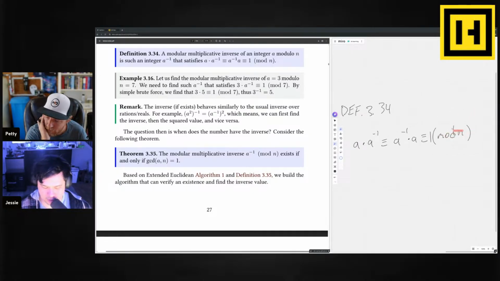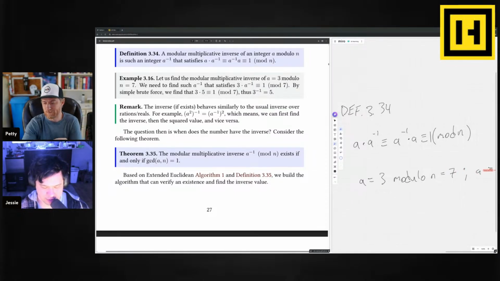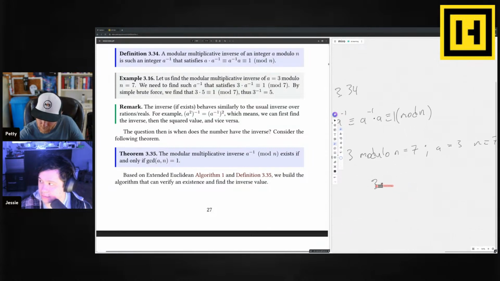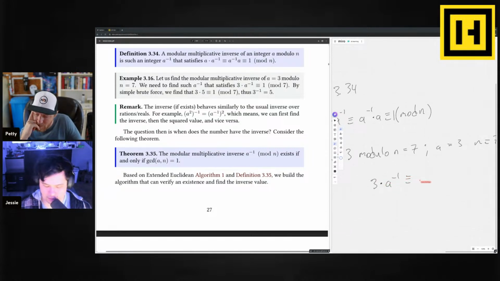But in the example they're giving you, A equals 3 and n is equal to 7. So 3 times A inverse is congruent to 1 mod 7.